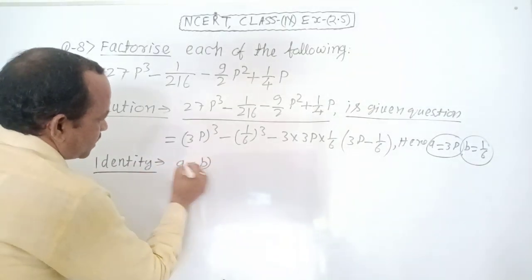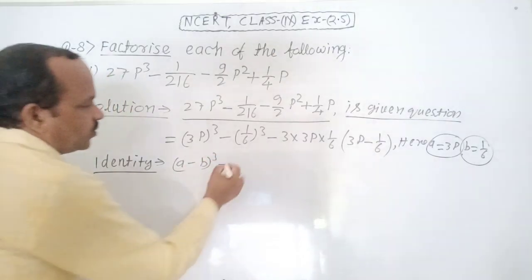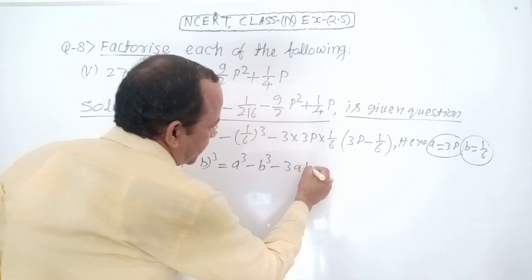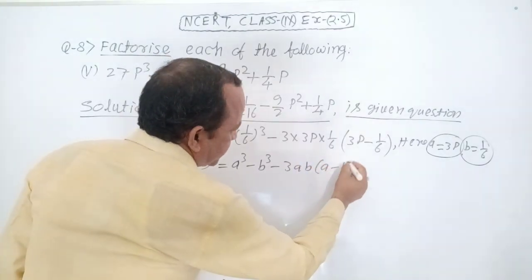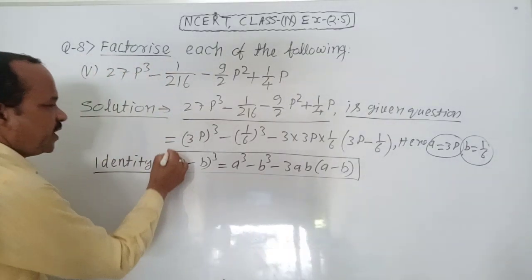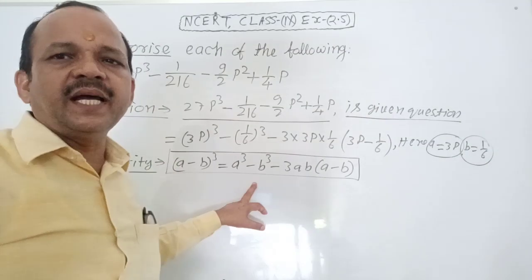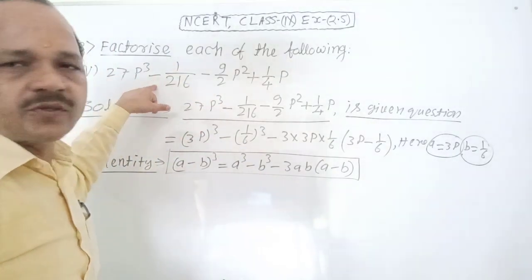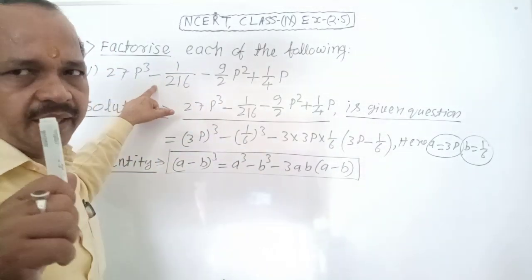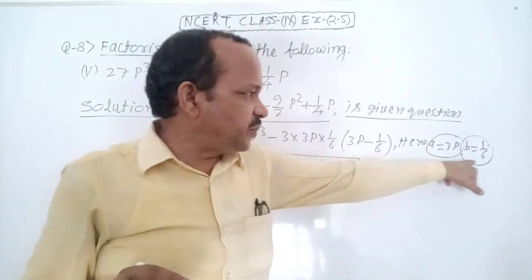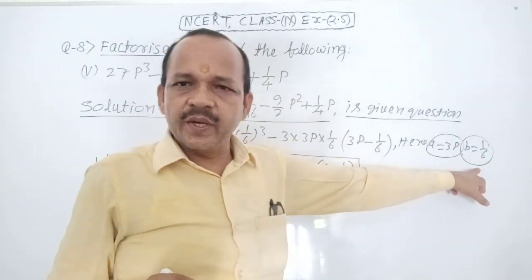Identity: (a minus b) whole cube equals a cube minus b cube minus 3ab in brackets (a minus b). It is a suitable identity. You can use this identity for this question. It is clear, no confusion about it. Here a equals 3p, b equals 1 by 6.